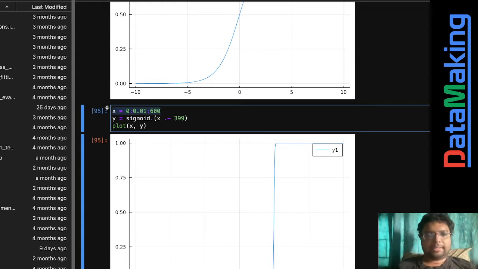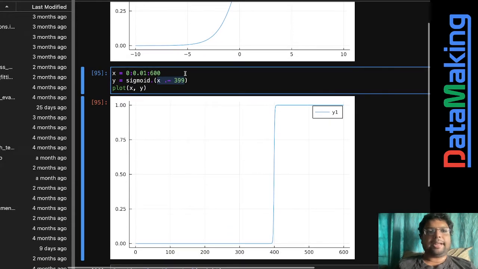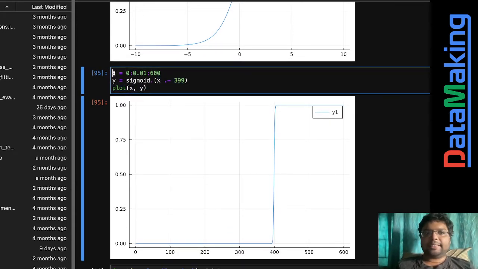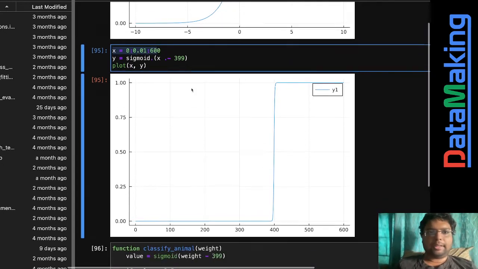I think the range finally gets converted into a vector, and only after that these operations take place. So I'm subtracting 399 and then plotting sigmoid. x is there, and y is sigmoid of x minus 399, and I'm plotting it.